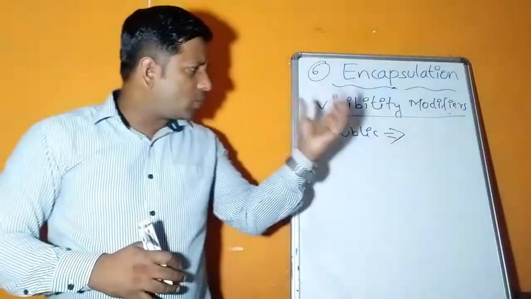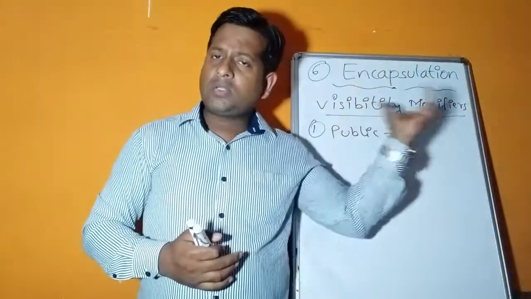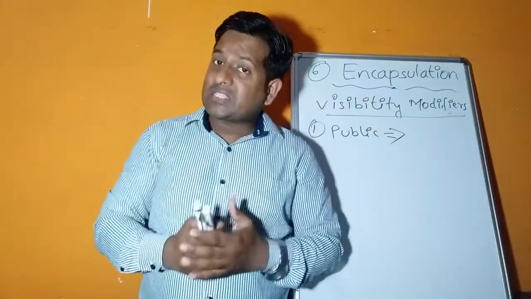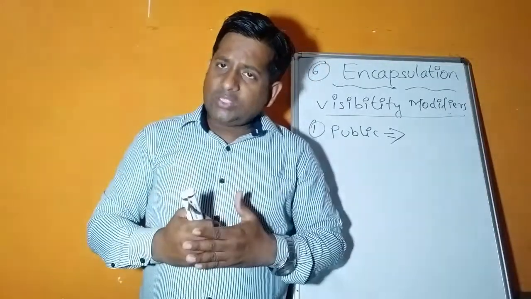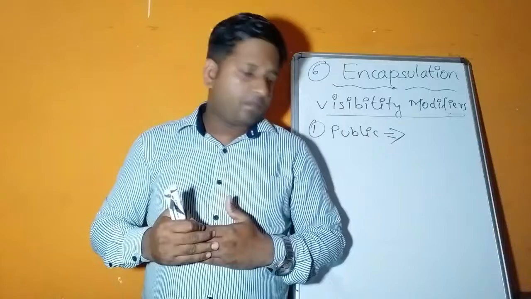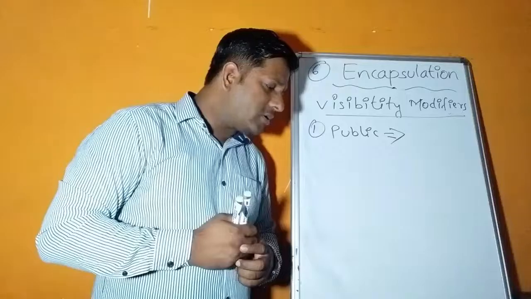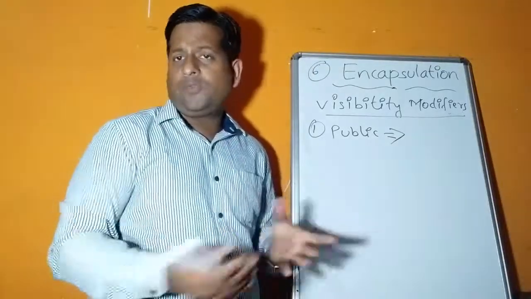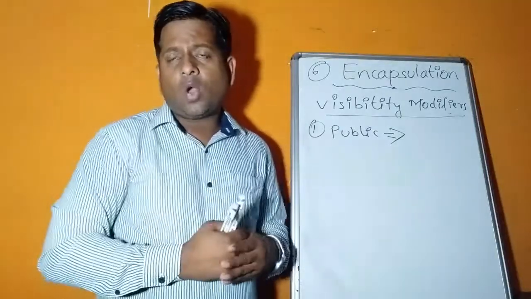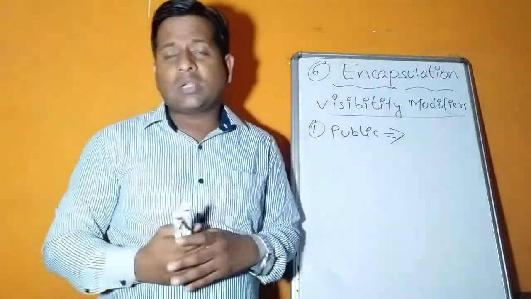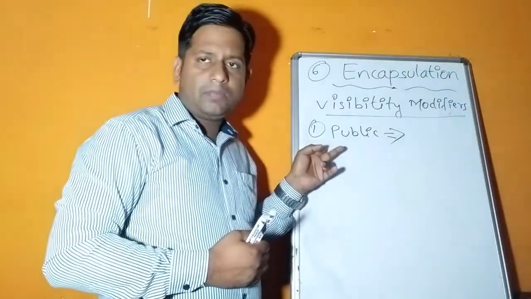That means public means, what you understood: the member, meaning both data members or member methods, is accessible from inside or outside the package. If you are using 2 or 3 classes in a single program, the member is accessible in all classes inside or outside the package. This is known as the public visibility modifier.